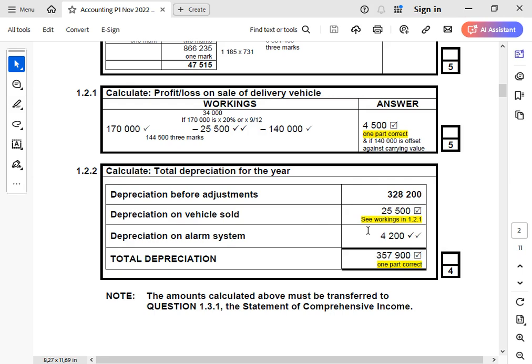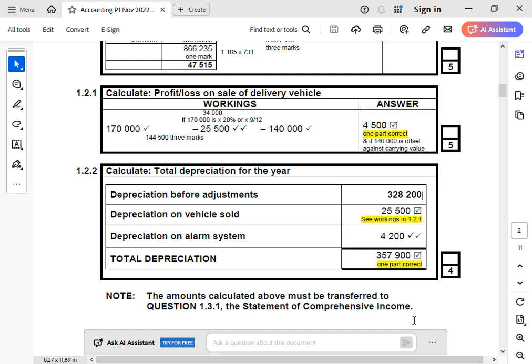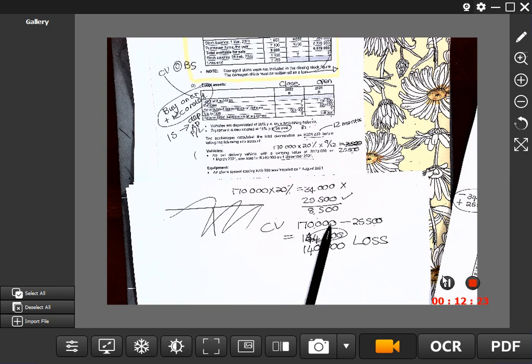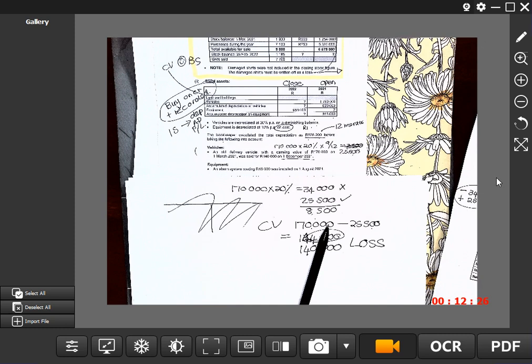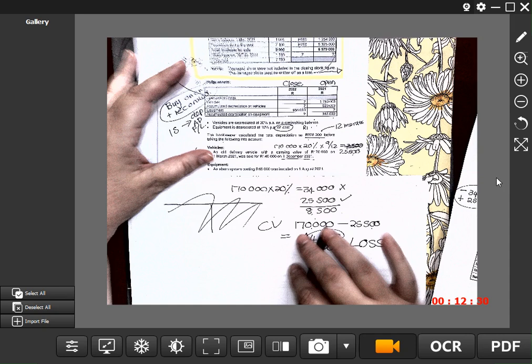But they added. This thing doesn't make sense to me. So I want to see.